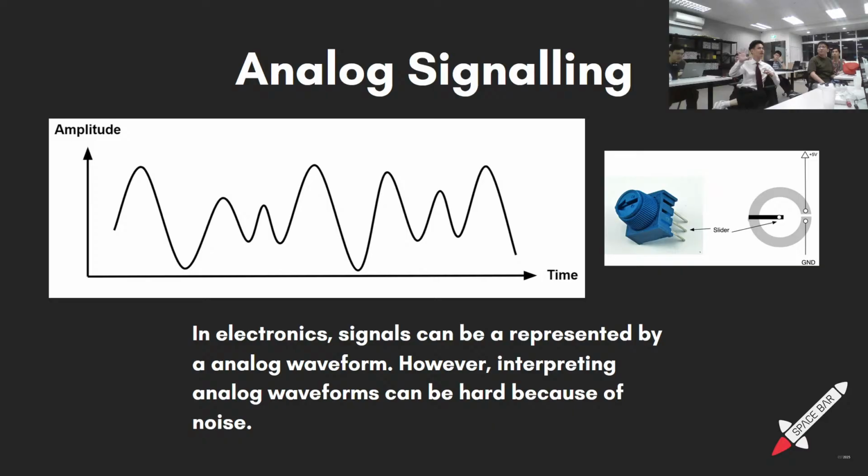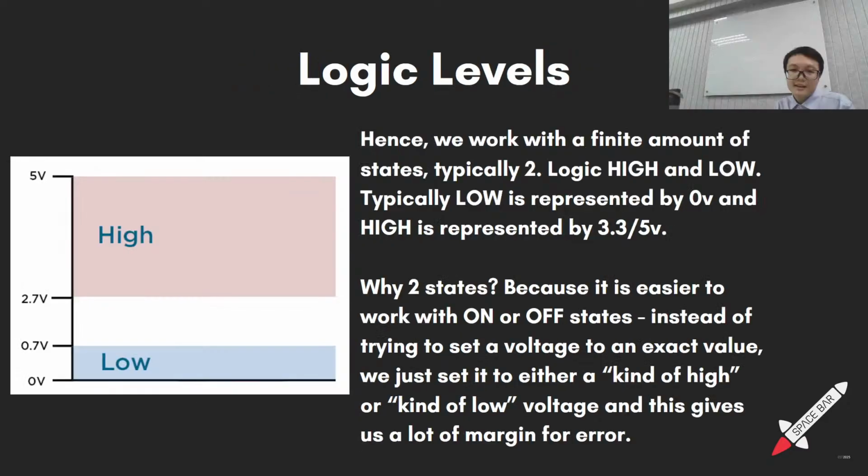So we work with logic levels, typically 2 states. There are some crazy systems that use 3 states, but we don't care about them. Typically it's high or low. Low is normally represented by ground or 0 volts, and high is represented by 3 volts, 3.3 volts or 5 volts.